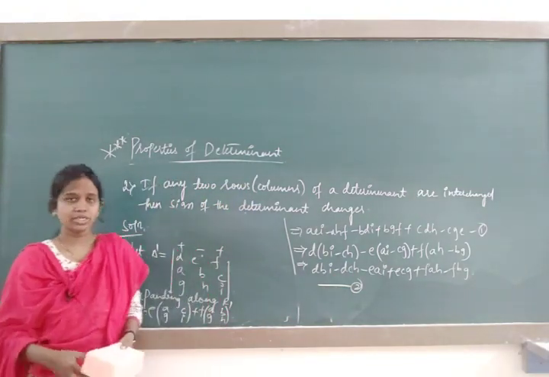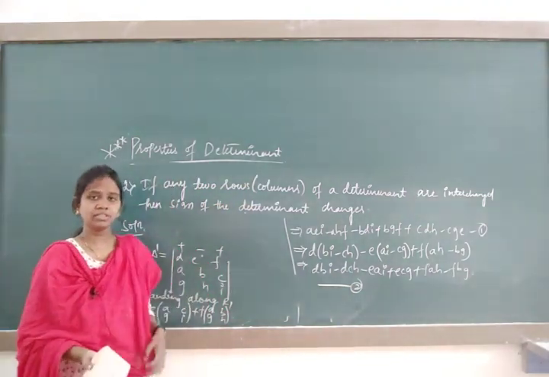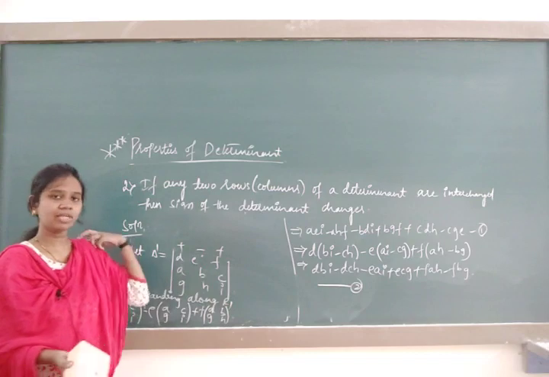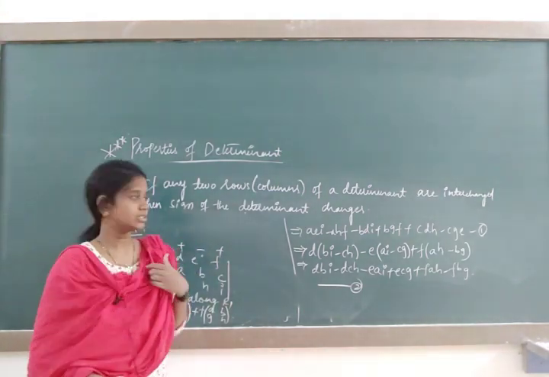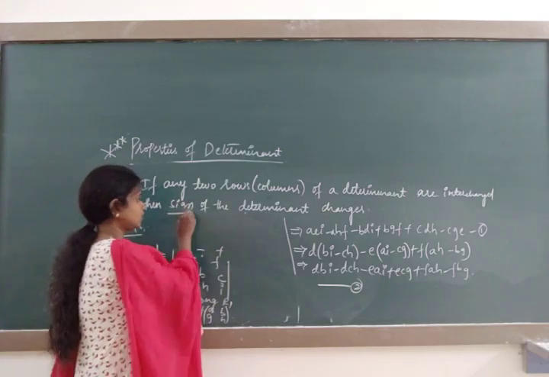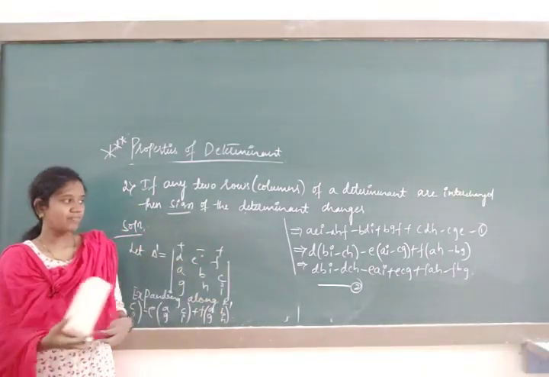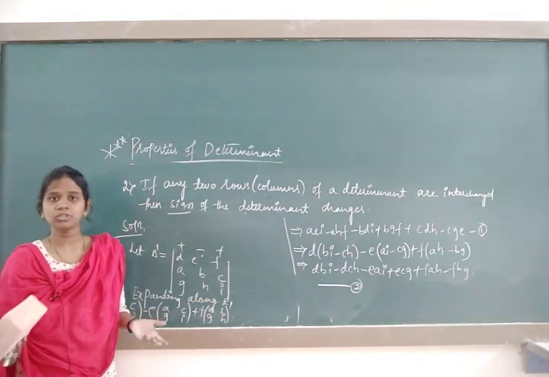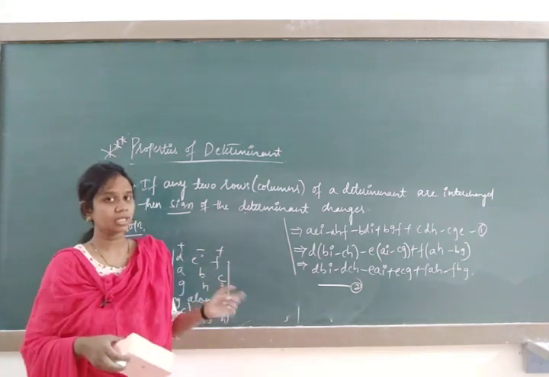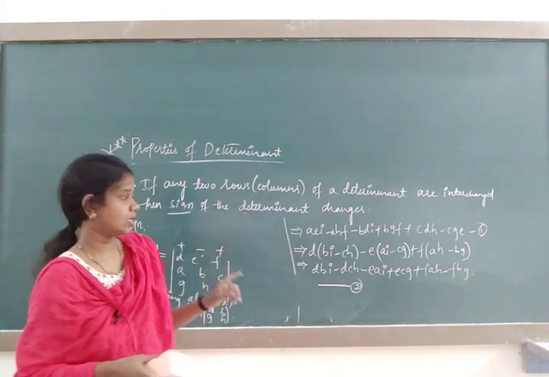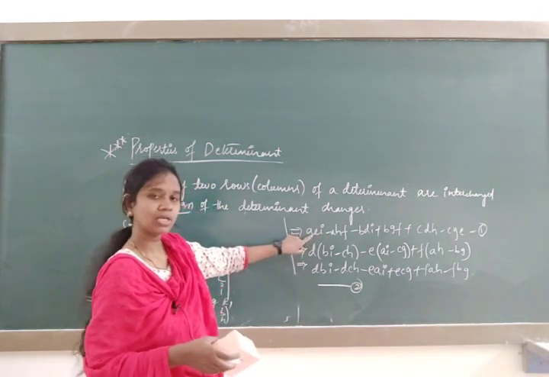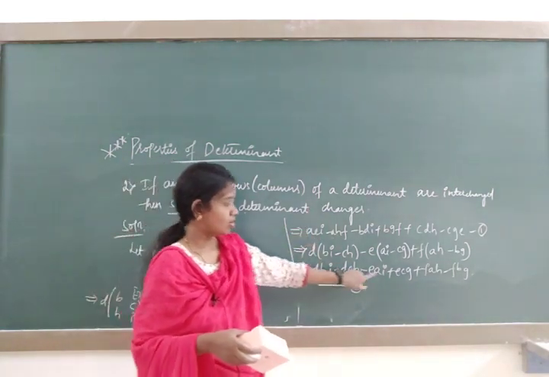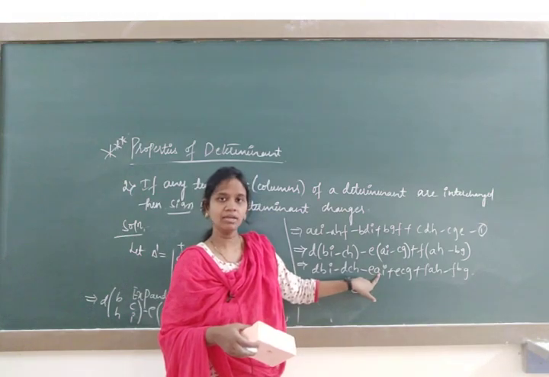Now according to the statement, due to interchange of rows and columns, whatever equation 1 and equation 2 we got, they should be opposite in sign. I underlined the word sign here. If a term in equation 1 is positive, then in equation 2 the same term has to come with the negative sign. Check it out: in equation 1 it's plus AEI, but here I got minus EAI.